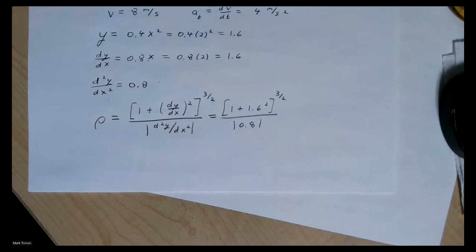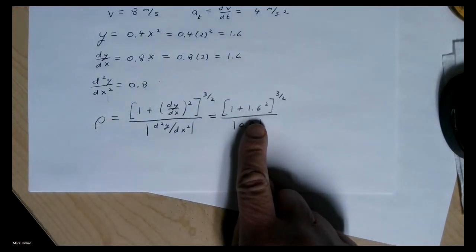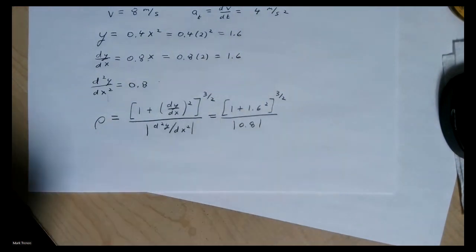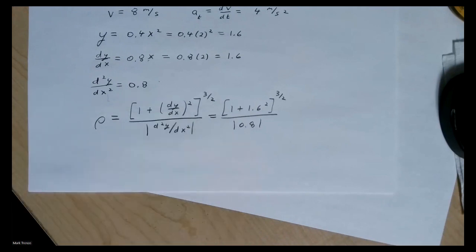And so we put this in the calculator. For the numerator, I got 6.72. And for the denominator, of course, there's 0.8.